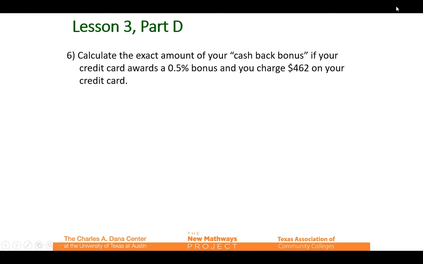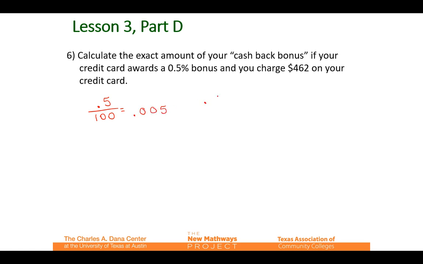Calculate the exact amount of your cashback bonus if your credit card awards 0.5% and you charge $462. We actually did it exactly before because I thought it was easy to be exact. If you multiply, remember 0.5% means 0.5 over 100, or 0.005.